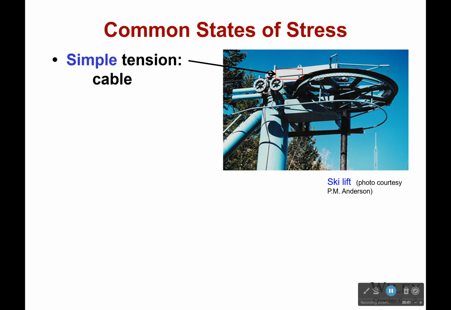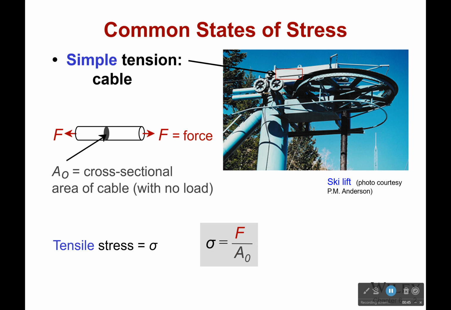But here's the thing. This cable in this system for the ski lift, it's currently in tension. It's got this very, very tight force pulling it in both directions. Now, what you probably realize is that if we had a bigger cable, it would probably be able to take a lot more force than a smaller cable. Bigger cable could take more force, smaller cable can take less force.